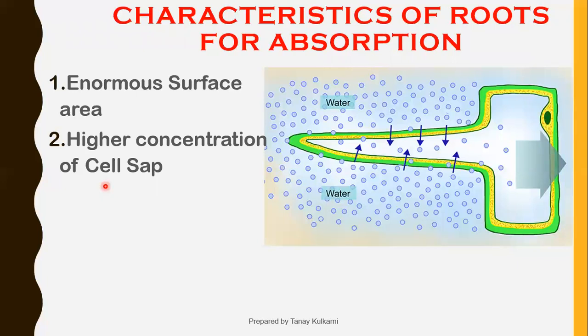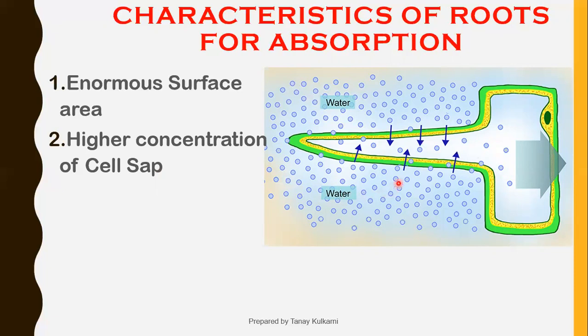Please remember that inside the root hair there is a high concentration of cell sap. Cell sap is a substance which is produced along with the water as well as dissolved minerals. So the concentration of dissolved minerals, which we can call the solute, is more as compared to the solvent, for example water.